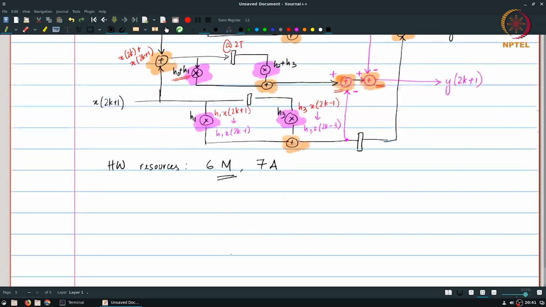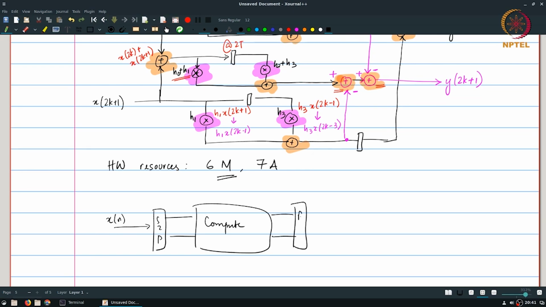The general kind of structure where we have x of n going through a serial to parallel, compute, and then parallel to serial to get back y of n, it may not always be possible to reduce the complexity of the compute in the middle. That requires additional insight into what kind of operations are being performed, in this case the FIR filter, and that is what we have made use of over here.